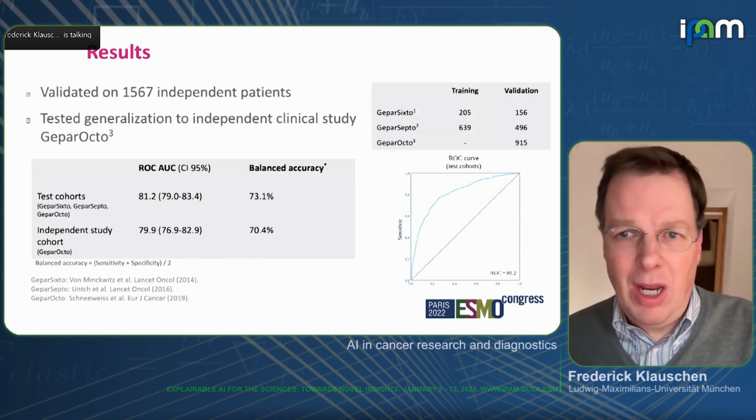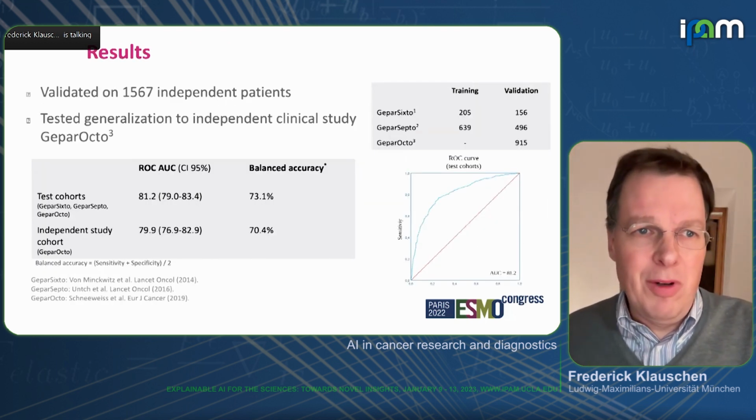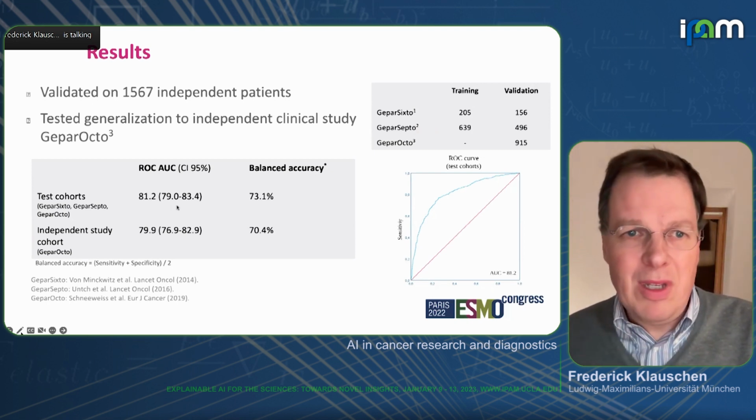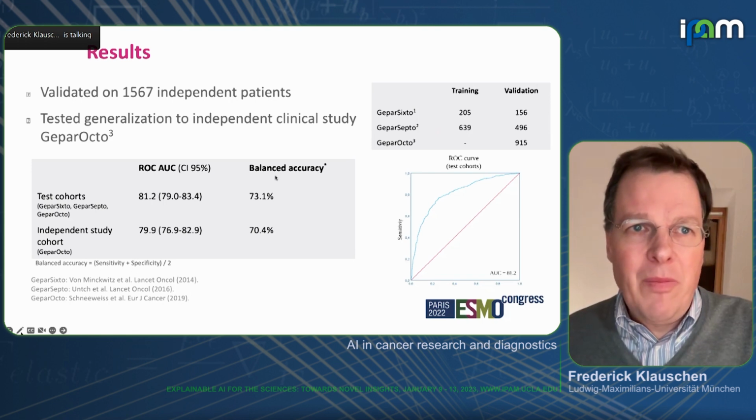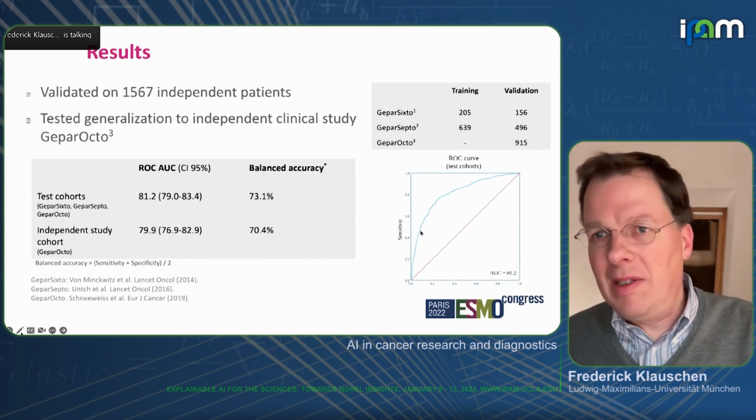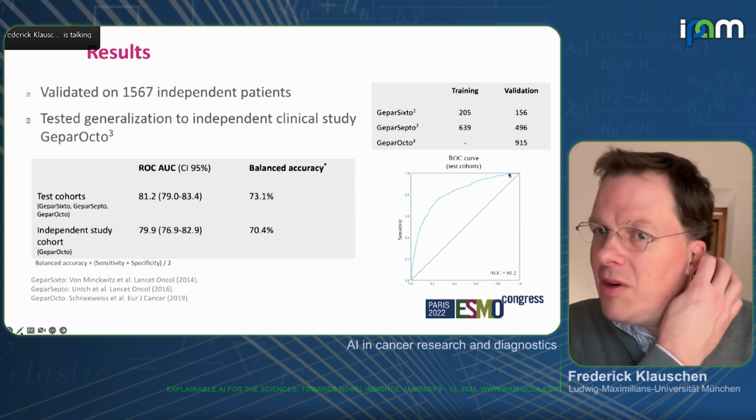And I'm directly jumping to the results to show that here, as opposed to the previous study I showed you, we managed to now train a model that generalizes relatively well, even on a totally independent study. You can see here there's only a minor drop in AUC from 81 to 80%, right? And then resulting in this ROC curve here.